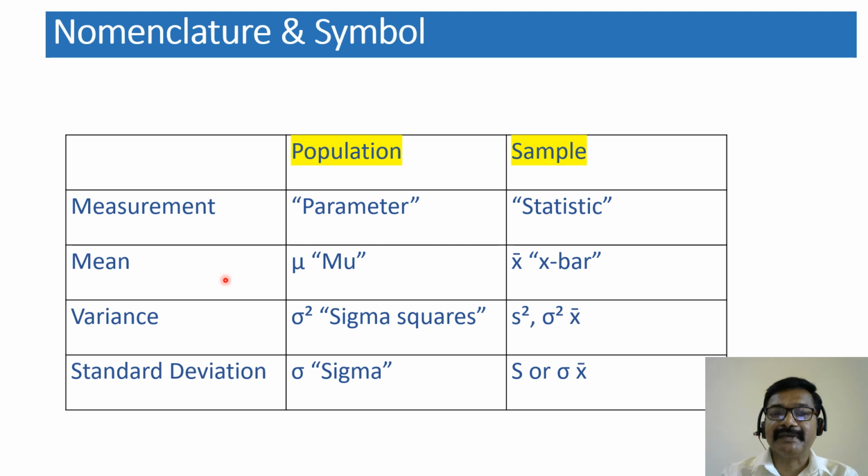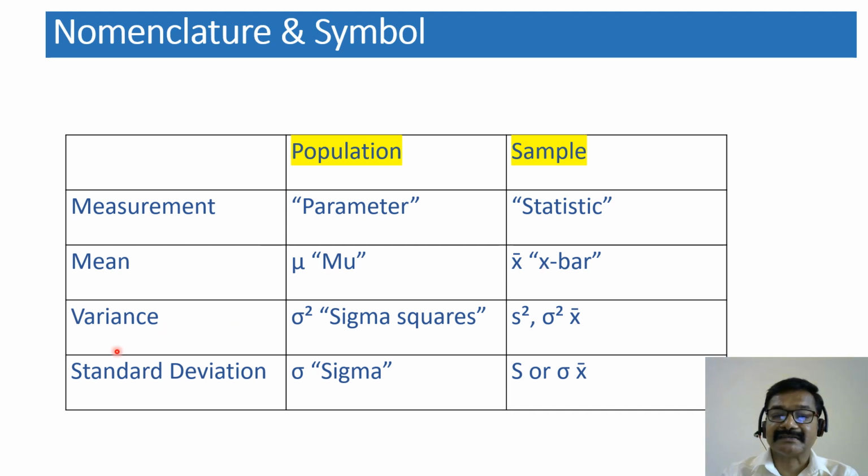If you take the measure for the mean, then these are just standard symbols which are used everywhere. For the population mean, it will be mu, and for the sample mean, it will be x bar. So the denotation symbol will be like this.